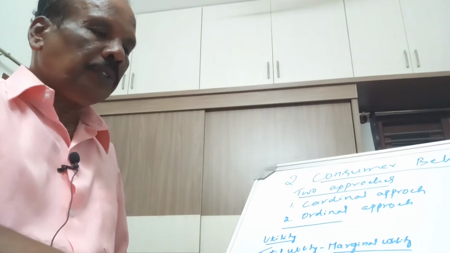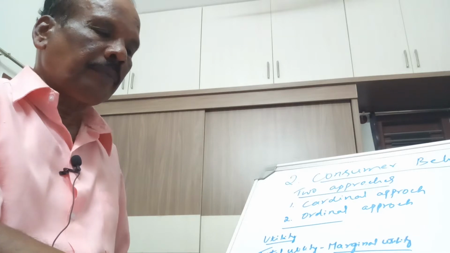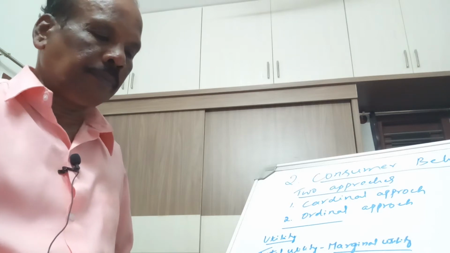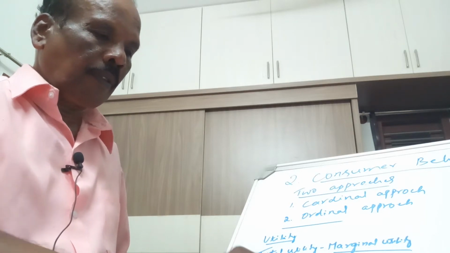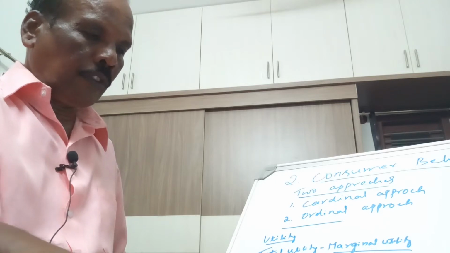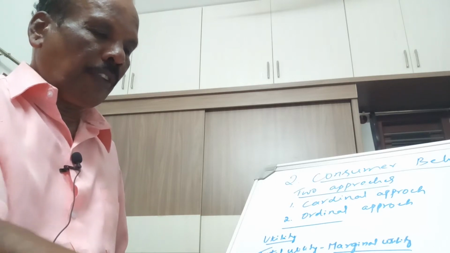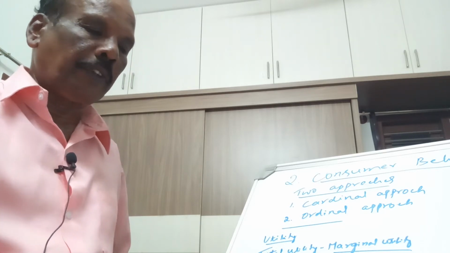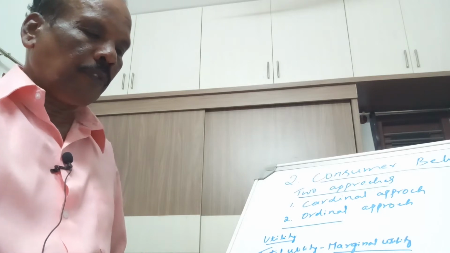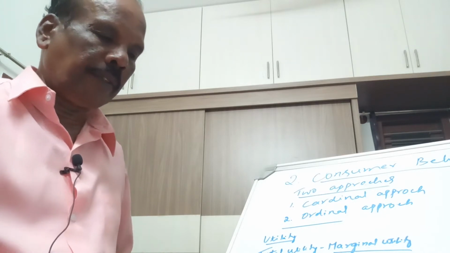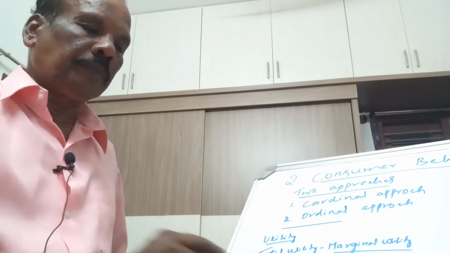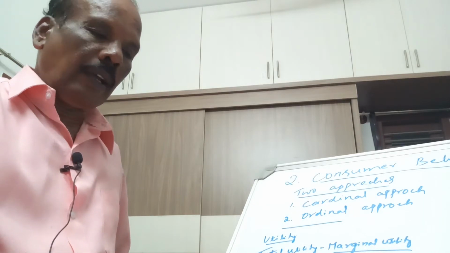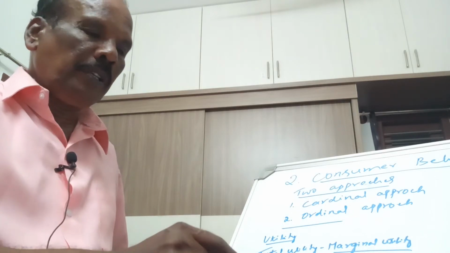The third jamun gives 6 marginal utility. 18 plus 6 becomes 24. The fourth one gives 4 utils. You add 4 to 24, you get 28. Then the fifth one gives 2 utils of marginal utility, and the total will be 30.